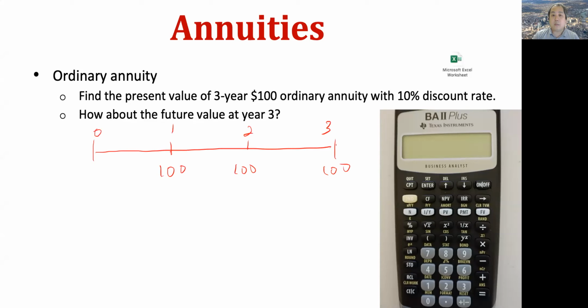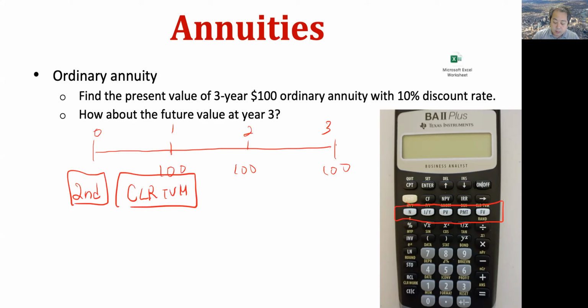So how to get the present value of this annuity? It is time to use the TVM function, the PMT button. Again, TVM function, the third row. To use the TVM function, you need to clear first. So second, clear TVM.